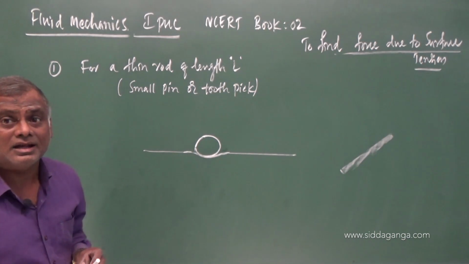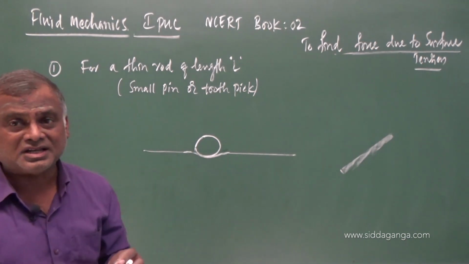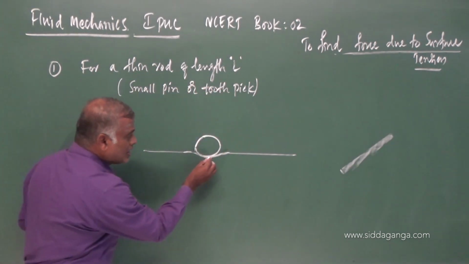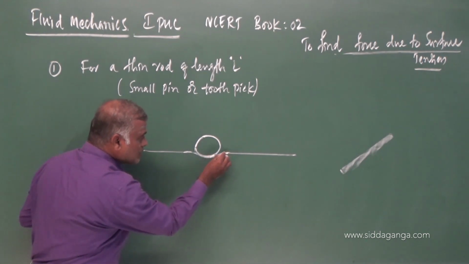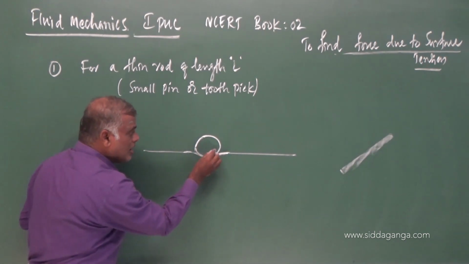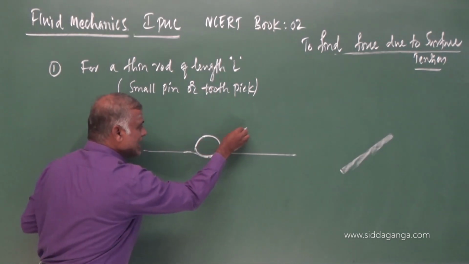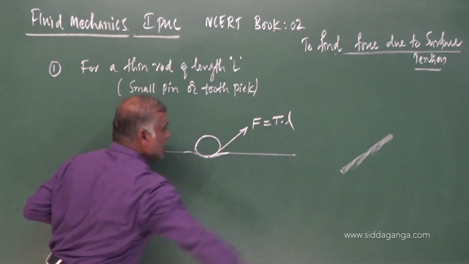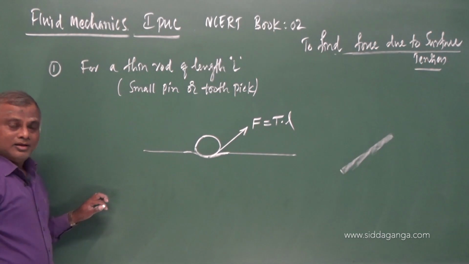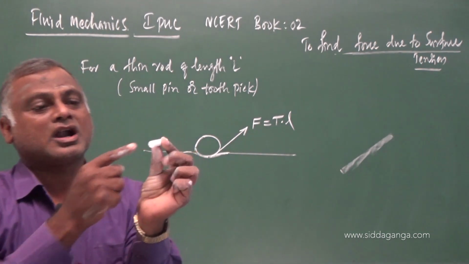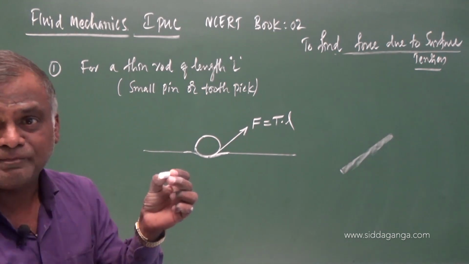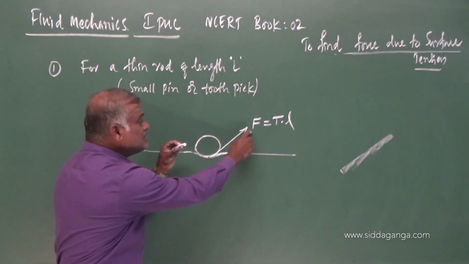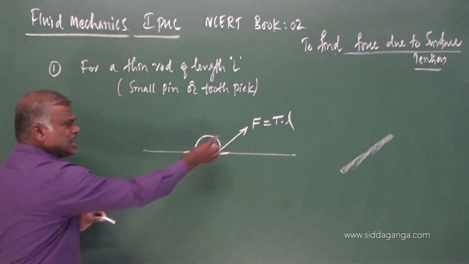So how should I write the tangential force? I told surface tension is a force which always acts tangential to a free surface of fluid. Here I should write the free surface of the fluid is in contact with the rod of length L, so there is a tangential force that is equal to T into L. This rod has two sides in contact with the liquid, so on the right side, similarly, there is one force on the left side, the same type of force.